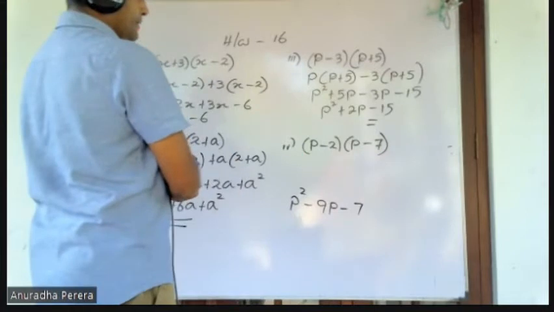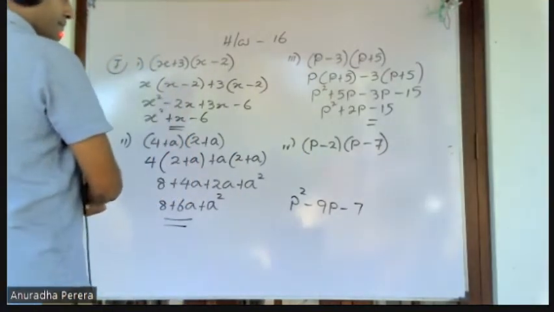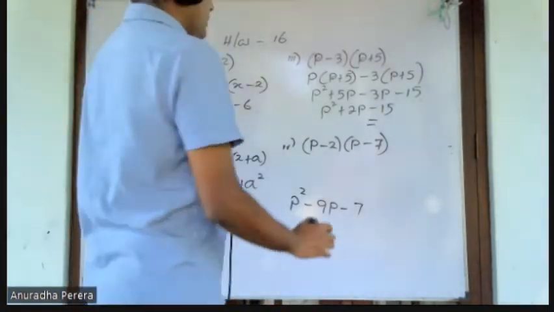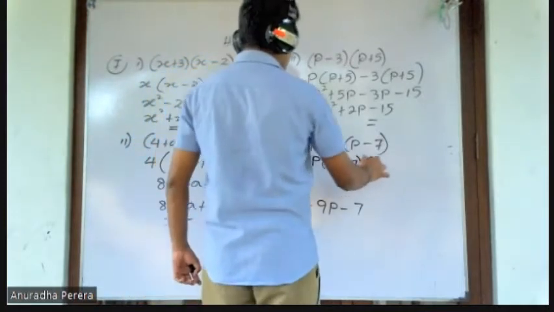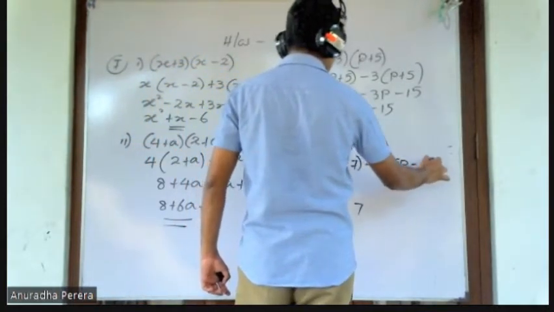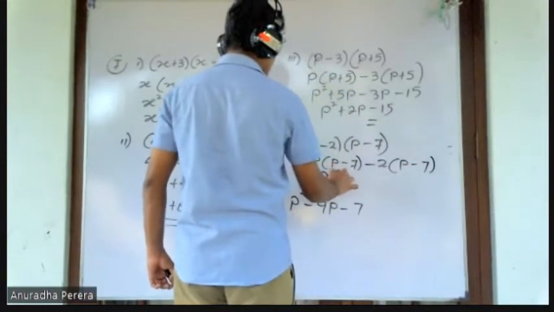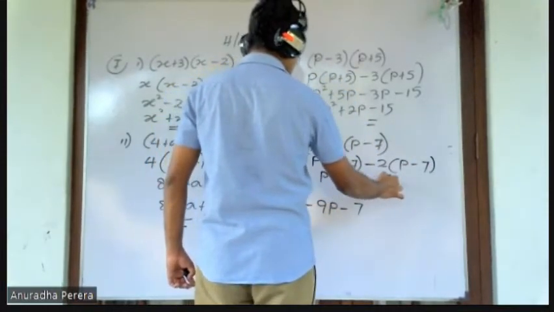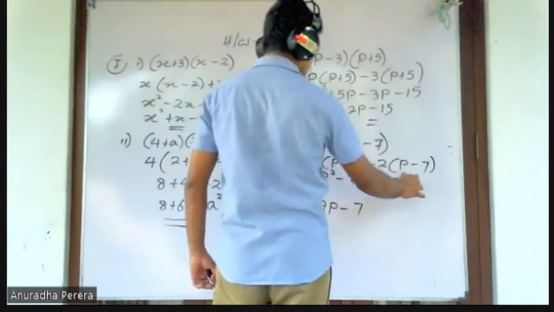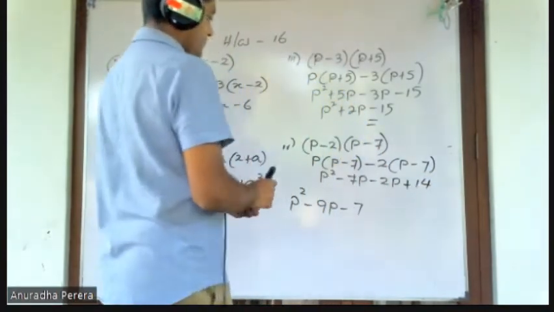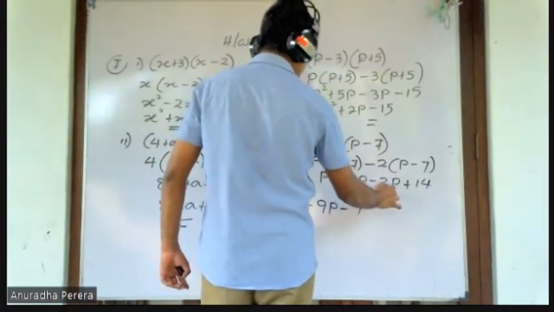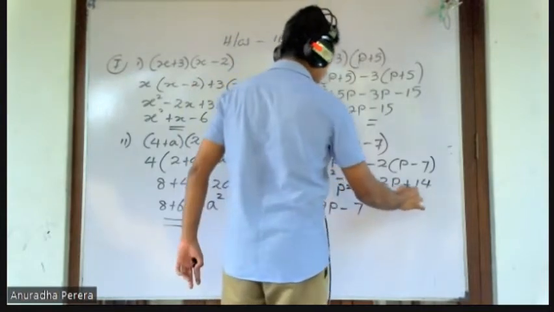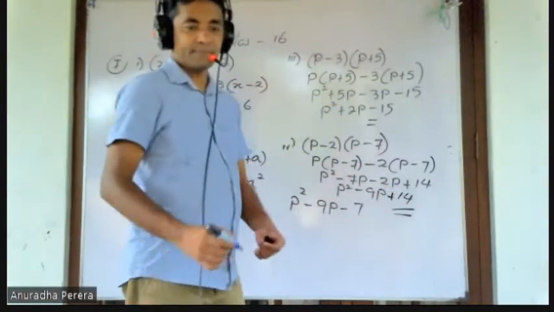Well, then p times p minus 7, minus 2 times p minus 7. P squared minus 7p minus 2p, minus 2 into minus 7, plus 14. Right? Then p squared minus 9p plus 14. This is not minus 7, it is plus 14.